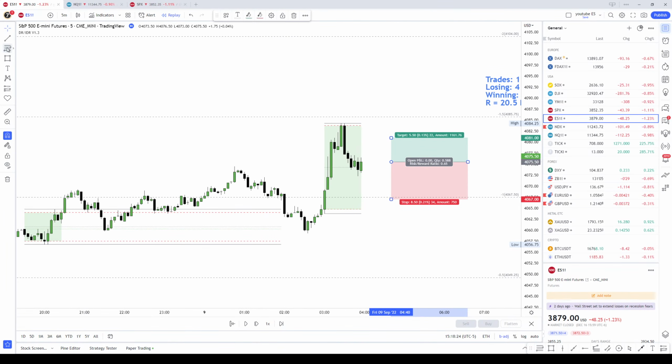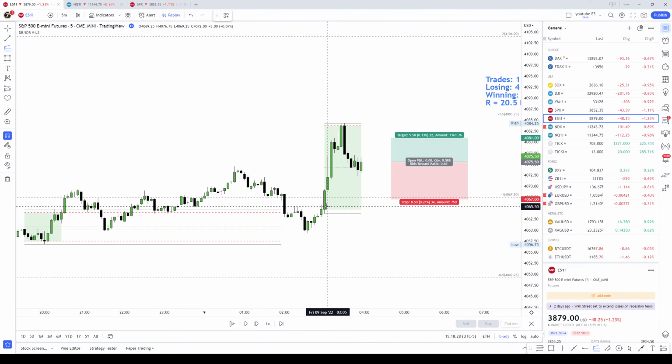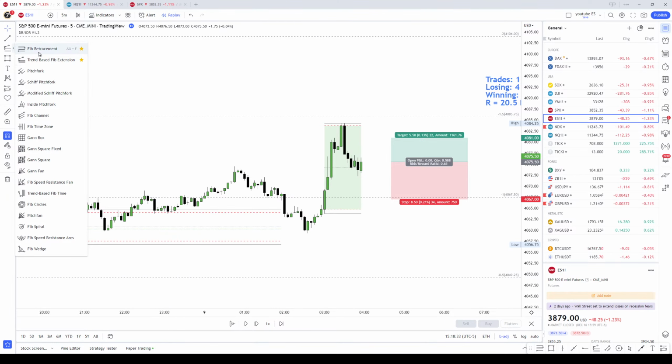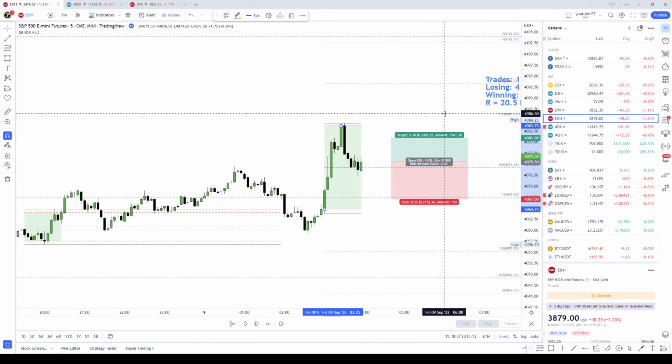Now we have to see we are expecting a range expansion. So what target are we expecting when we are looking at a range expansion? Is it 0.5 or is it at least 1? In a range expansion upside model, what is the standard deviation we are expecting? 0.5 or 1?